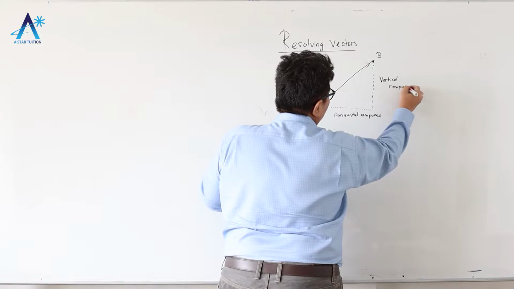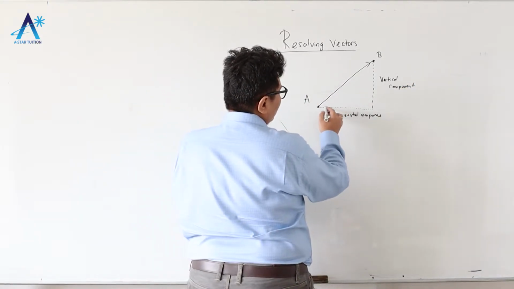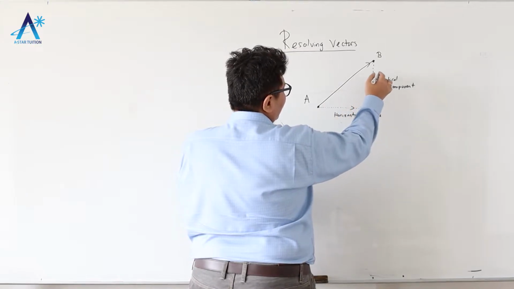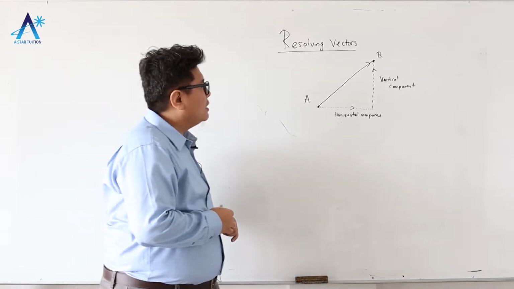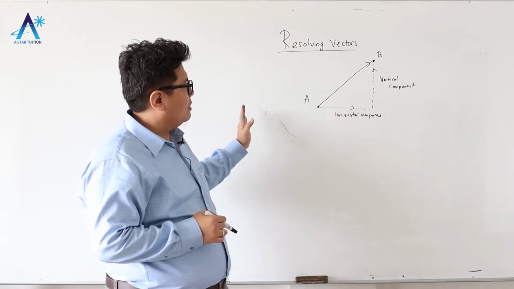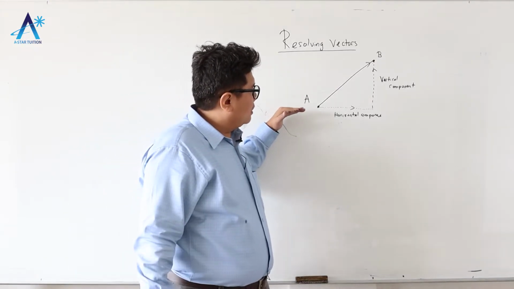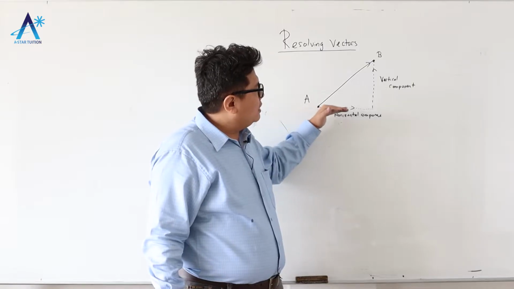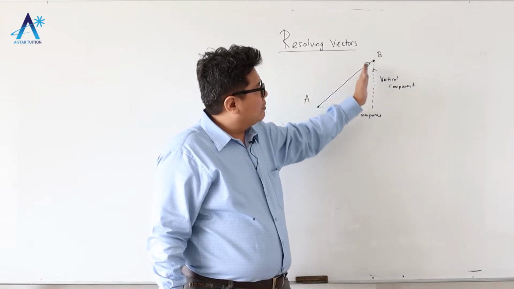Now the horizontal and vertical components also have direction. The direction for the horizontal is this, and for the vertical is upward, like that. So rather than moving from A to B directly, you can understand this displacement as the addition of the horizontal component and the vertical component.